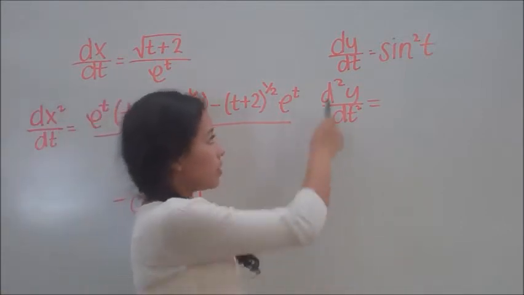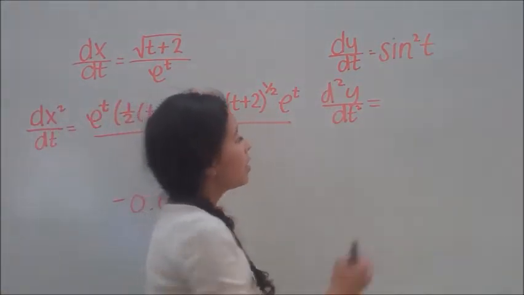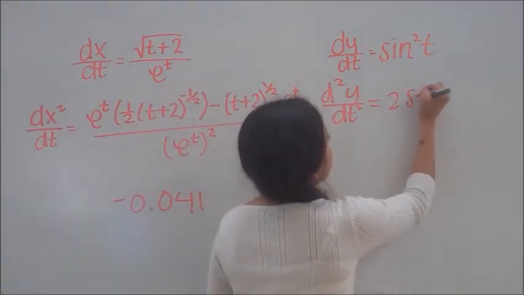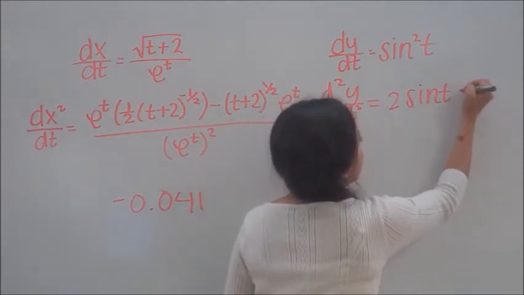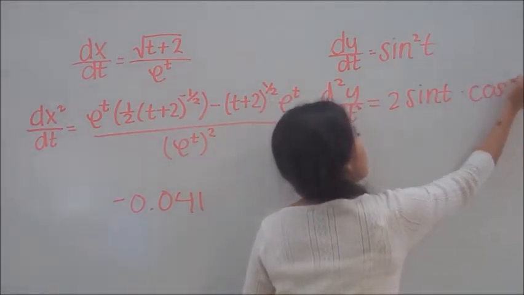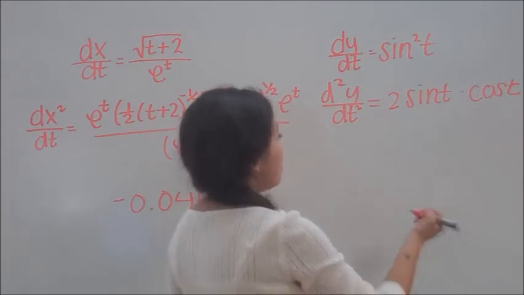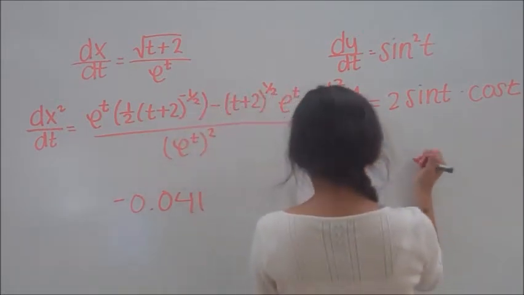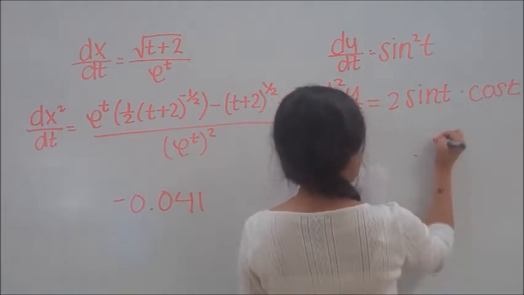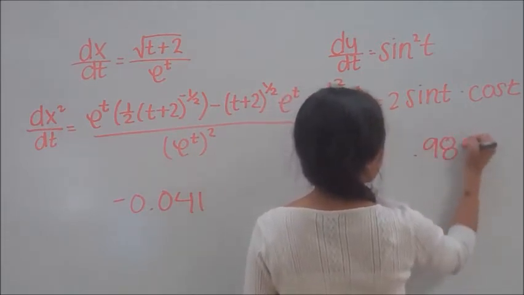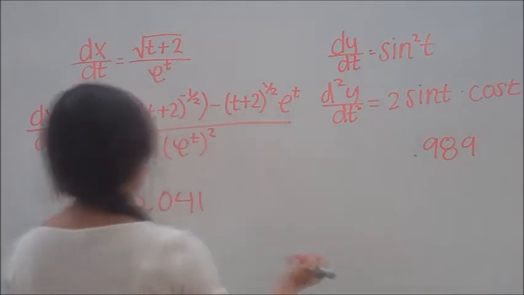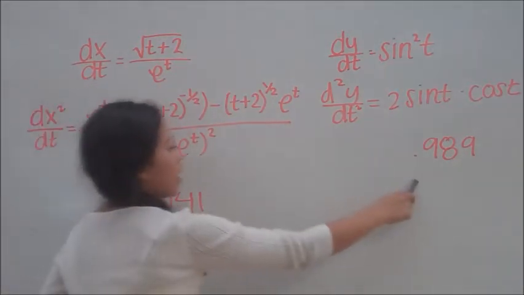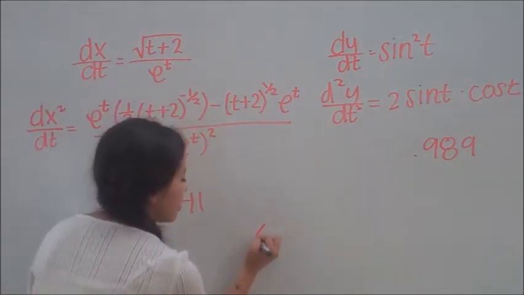You do the same thing for the dy. Don't forget your chain rule. You put 4 in for t as well, put it in your calculator, and get 0.989. So this is your x, and this is your y, and you use vectors.